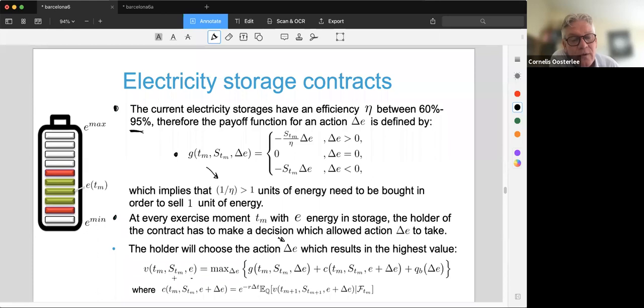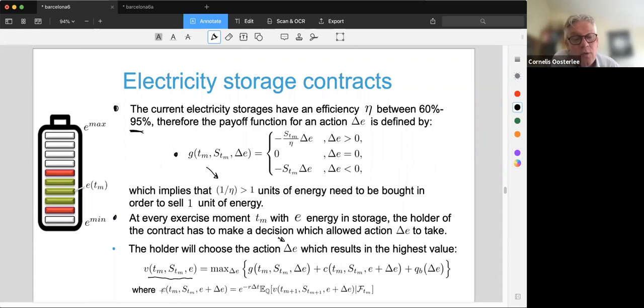So the value of the contract is the maximum over delta E of the exercise payoff G at t_m, S_tm, delta E, plus the continuation with E plus delta E, plus the penalty. Delta E can also be 0, it can be negative, it can be positive. So we maximize over delta E the revenues, the continuation value, and the penalty.